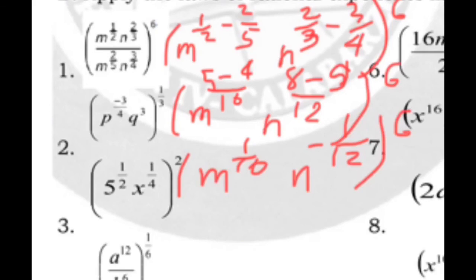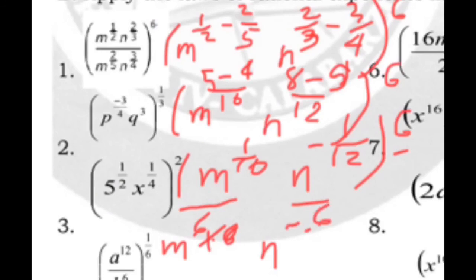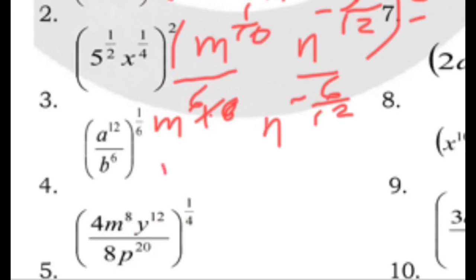Then next, we're going to raise both factors to the power of 6. So we're going to have m to the power of 6 over 10. So 1 over 10 times 6 is 6 over 10. Then times n to the power of negative 1 over 12 times 6 is negative 6 over 12. Okay. Then 6 over 10, simplifying that one, is divisible by 2.